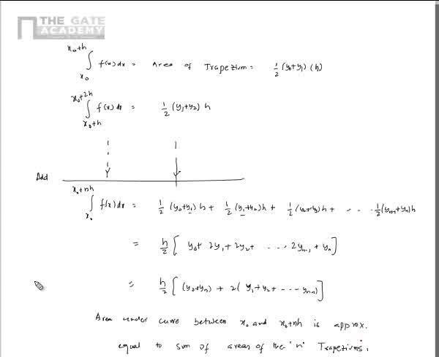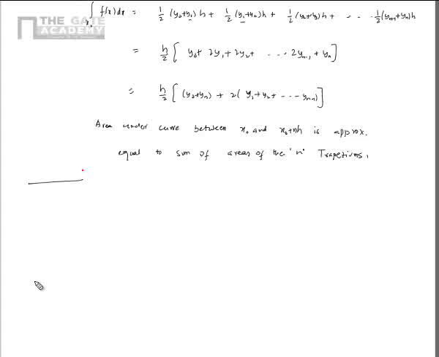That's what we did. It's simply taking the curve as a straight line and approximating the area under the curve in each interval to be the area of the trapezium and then summing all of them.